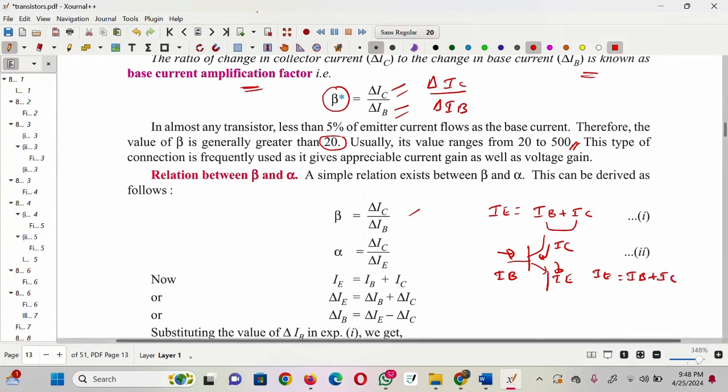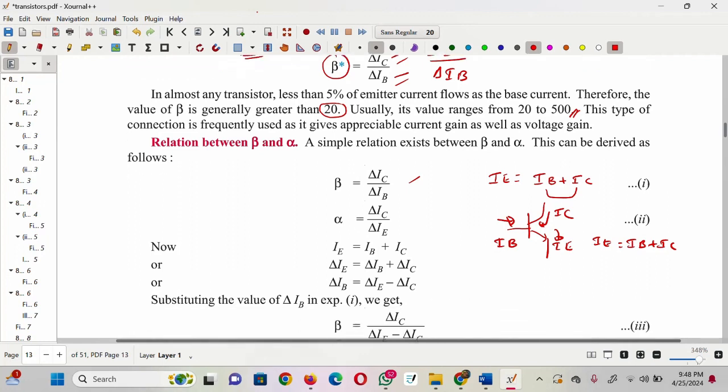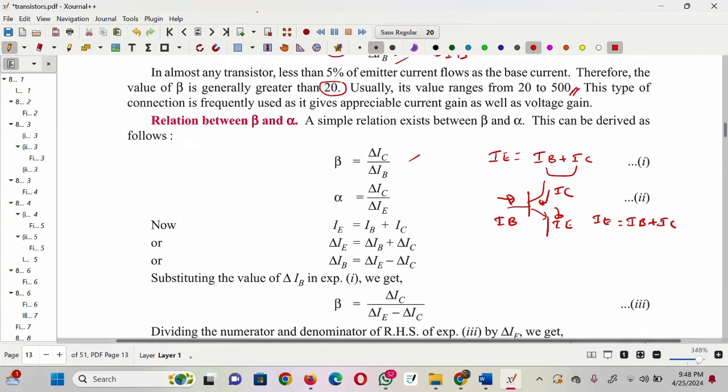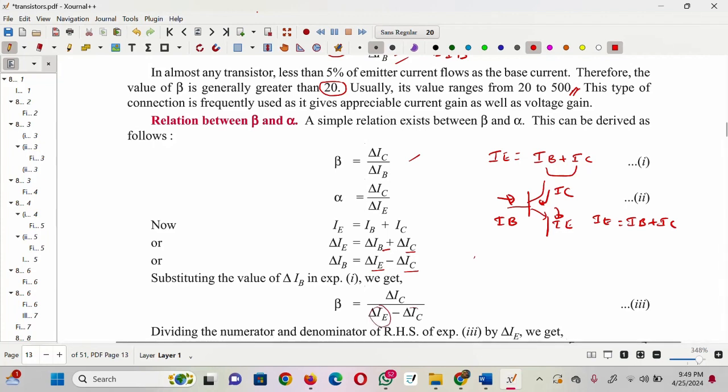So this is called the common emitter configuration. Based on that, there are some relations also. Del IE equals del IB plus del IC. So what is the value for beta? Beta, as we already know, equals change in collector current over change in base current, where del IC means the change in collector current.